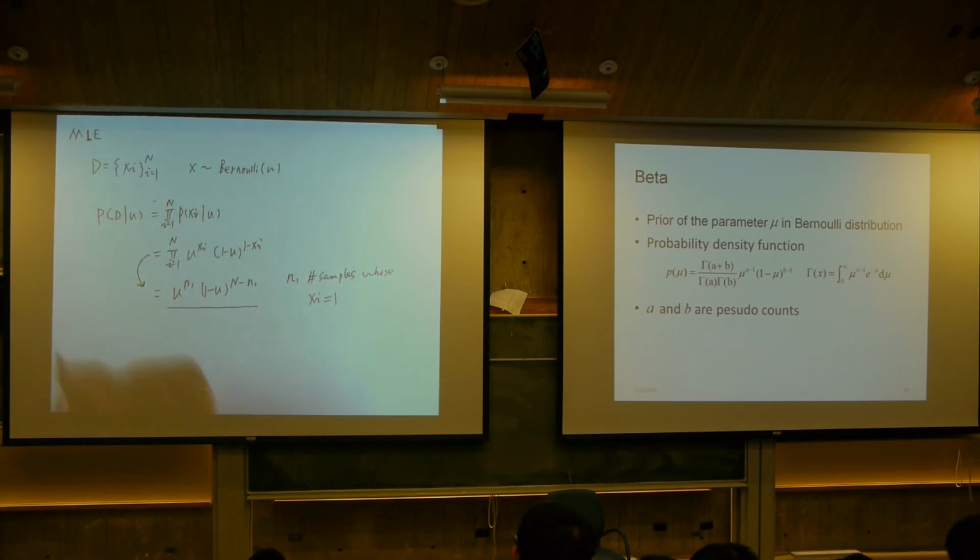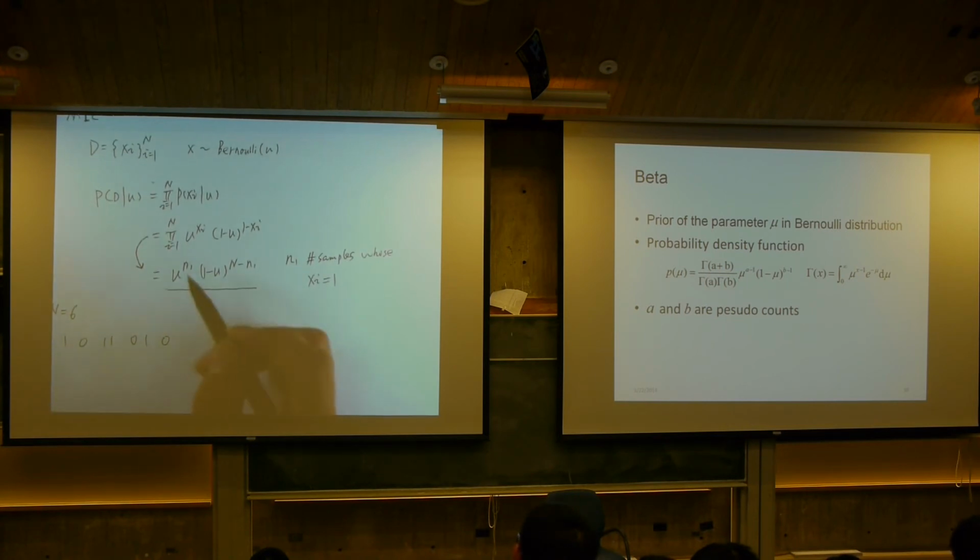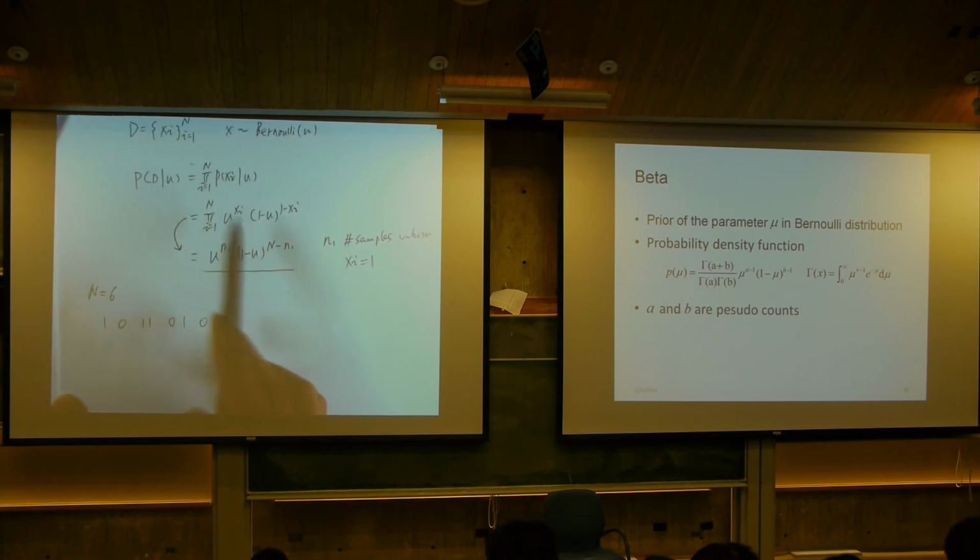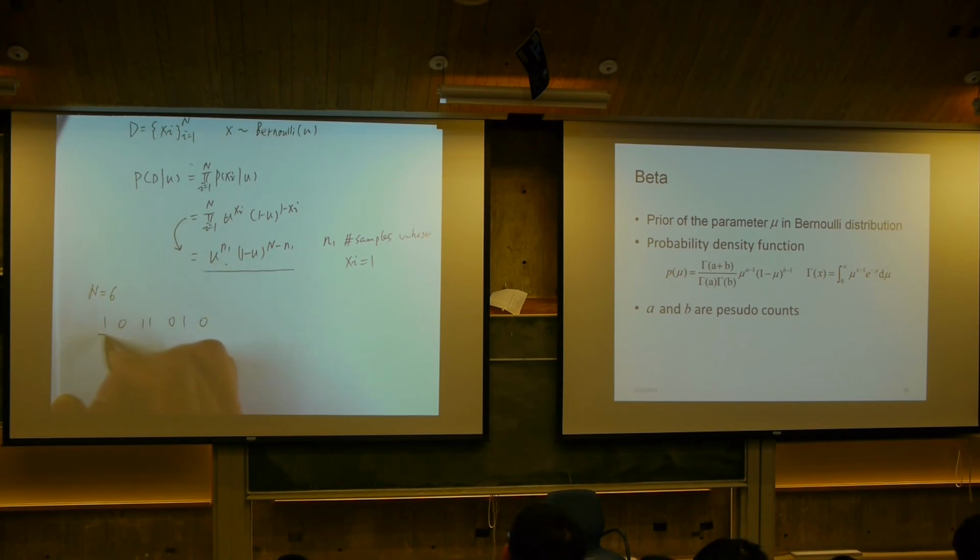Let me give you an example. Suppose we have capital N equals to 6, and the value of the data is 1, 0, 1, 1, 0, 1. Now we are going to go from this quantity here to here. So we go from i equals to 1 and examine its value here. X1 equals to 1. So we multiply a mu here.